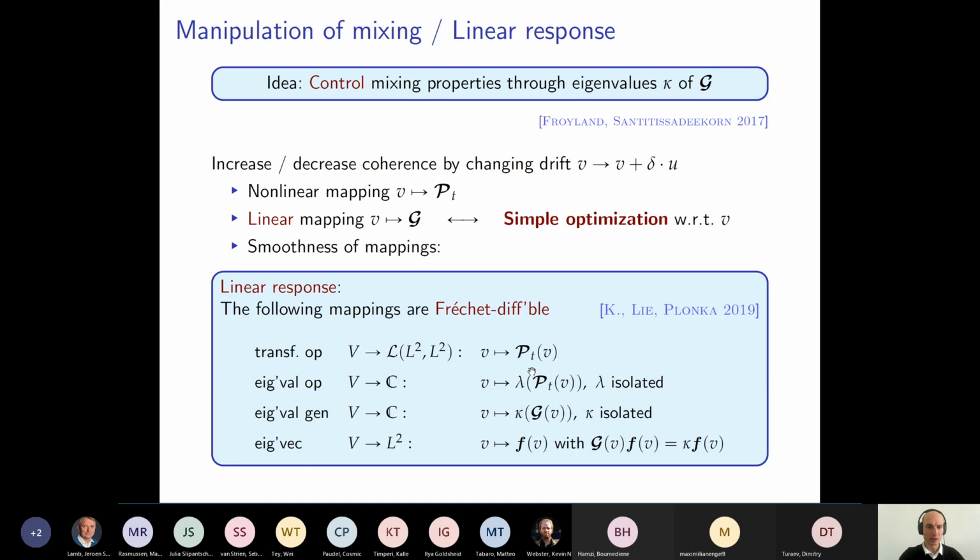So that's what we did recently. We established Frechet differentiability of objects from the velocity field space, which is V. It's some properly defined Sobolev space, to the transfer operator, the augmented transfer operator as well, as a function of V.